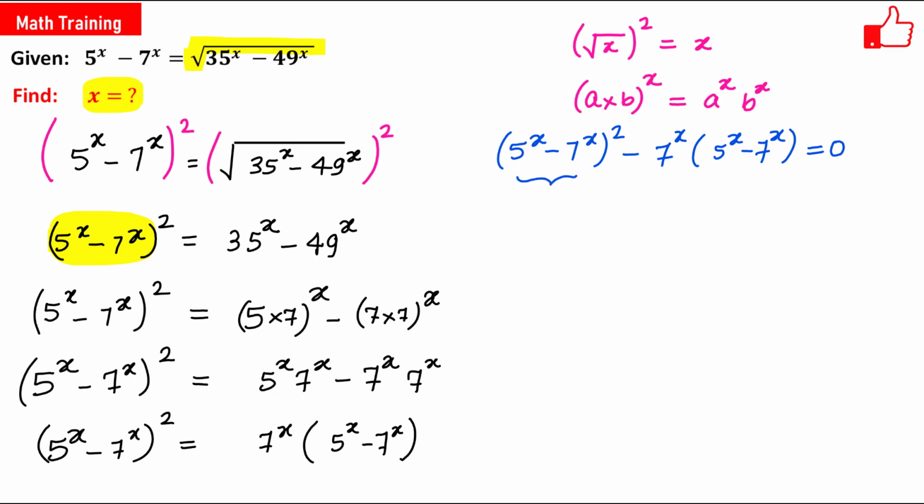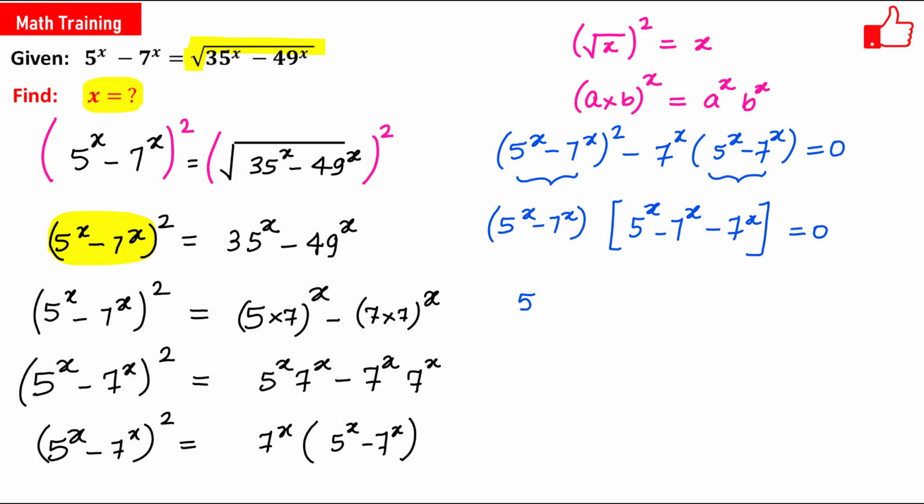Now 5 raised to the power x minus 7 raised to the power x is common in both terms, so I can take this as common. So here I will have 5 raised to the power x minus 7 raised to the power x, times the bracket 5 raised to the power x minus 7 raised to the power x minus 7 raised to the power x, and this is equal to 0.